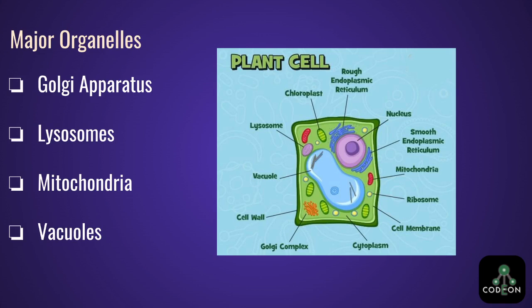Now, plant and animal cells both have, as you know, the next organelle that we have, which is the mitochondria. This is going to be the powerhouse of the cell where the site of cellular respiration occurs, and this is going to be due to this inner membrane that they have called cristae.